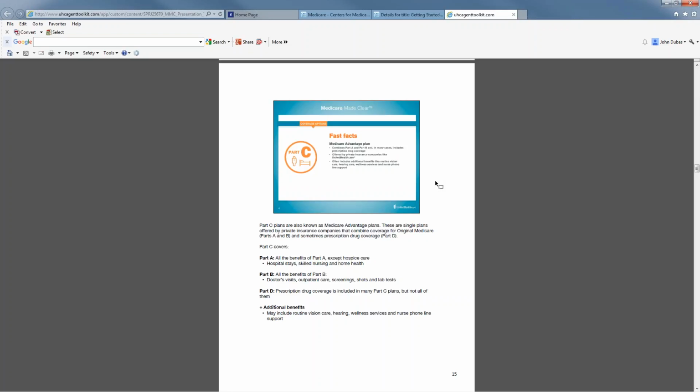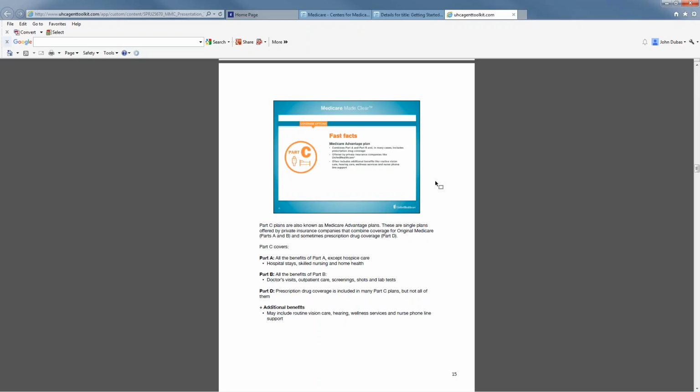Part C plans cover all of the Part A and Part B coverages that you have with traditional Medicare and roll in the prescription drug coverage included in most of the plans. Not all of them. If you have an MA-only plan, it is generally an opt-out of drug coverage, something to be careful with.